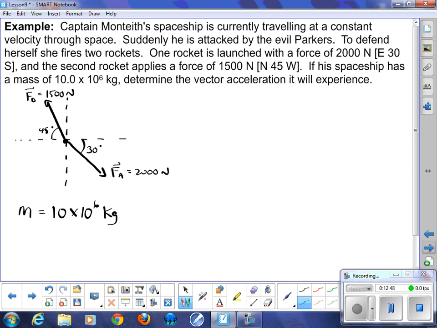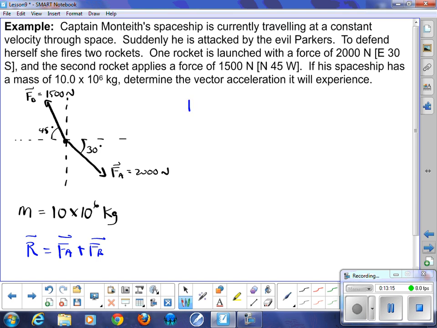So we know that the resulting motion of our ship is going to be the resultant of those 2 forces as it pushes or kicks away. So going back to what we already know about vectors, the resultant is equal to your first force, force A, plus force B.